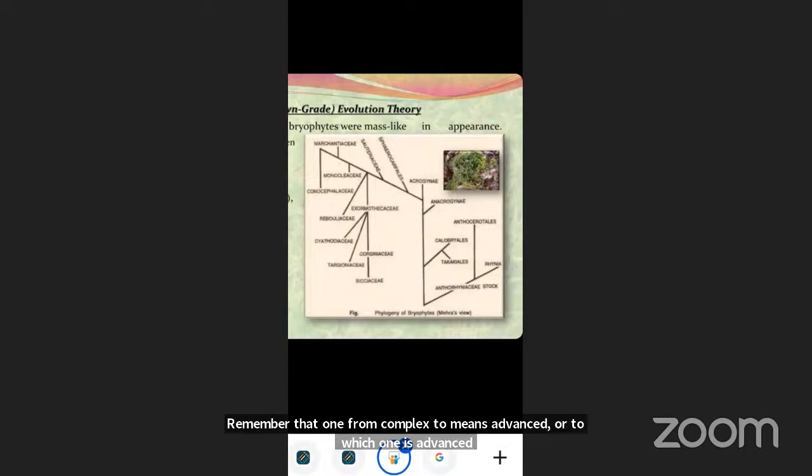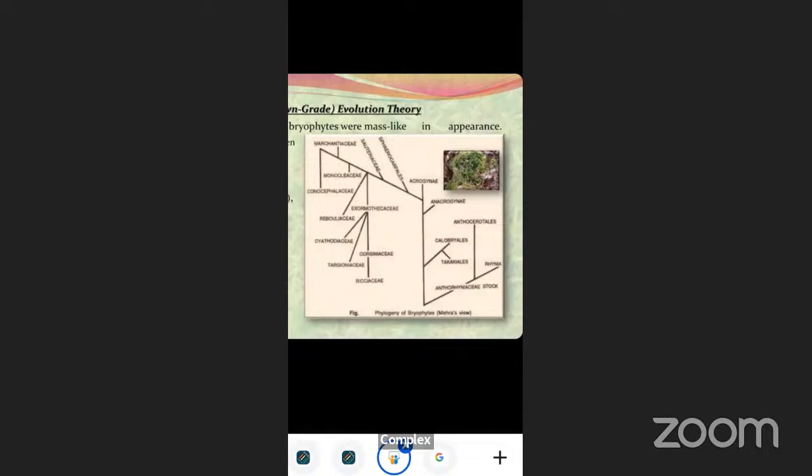Bryophyta is advanced, meaning Bryophyta has leaf-like structures, simple leaves, rhizoids, and prostrate and erect systems. Then gradually their gametophyte structure is decreased. Decreased means reduced, their complexity is reduced.